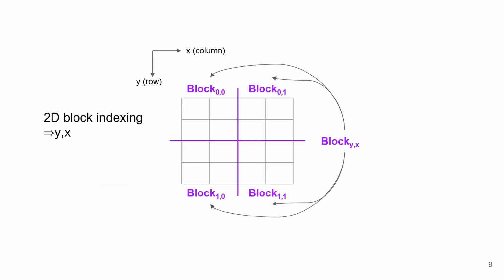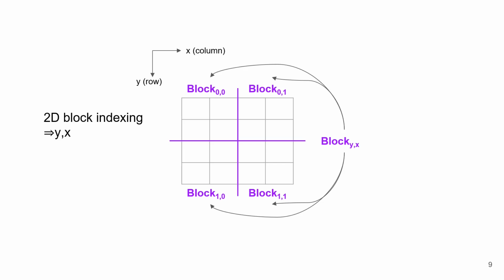Now let's have a look at the way we index a 2D block scheme. Each block has an index for x-axis and an index for y-axis, and we write that as y, x, meaning that the leftmost index is y, or the row number, and the rightmost index is x, or the column number. Looking at the purple boundary, we see 2 blocks on y-axis and 2 blocks on x-axis.